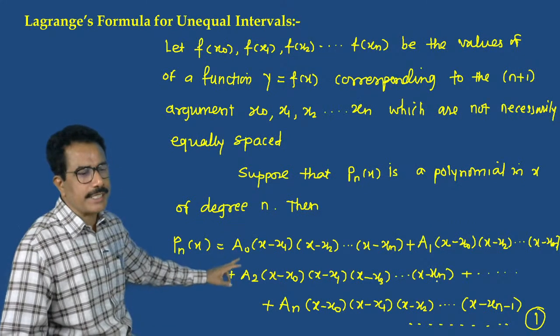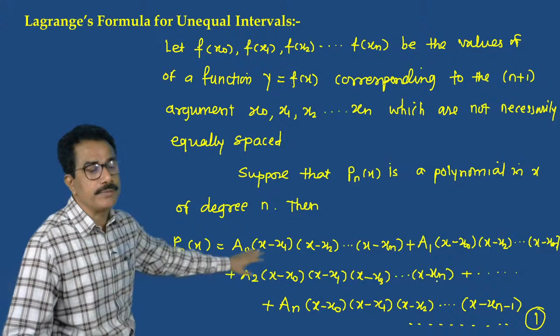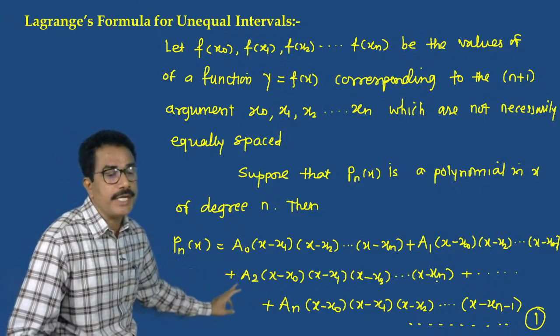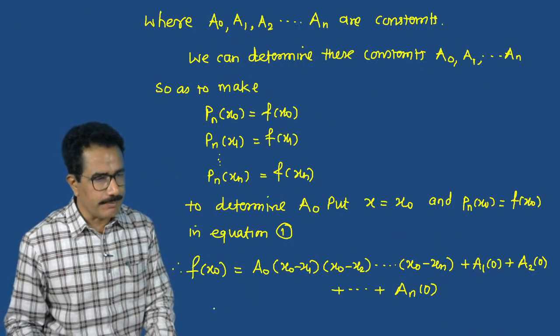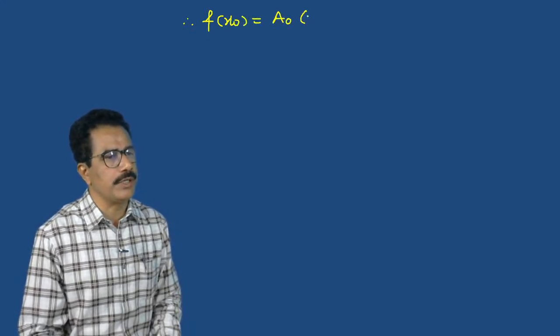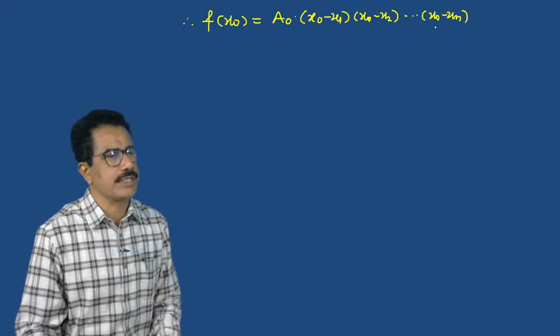जेव्हा तुम्ही x च्या जागी x0 ठेवतात ना, मग a2 into x0 minus x0, a2 becomes 0. an means x0 minus x0, an into 0 means total term will be 0. So we get, मग काय राहील पाहता, हे बाकीच्या टर्म 0 झाल्या. Therefore f of x0 is equals to a0 into x0 minus x1, x0 minus x2 dot dot dot x0 minus xn.